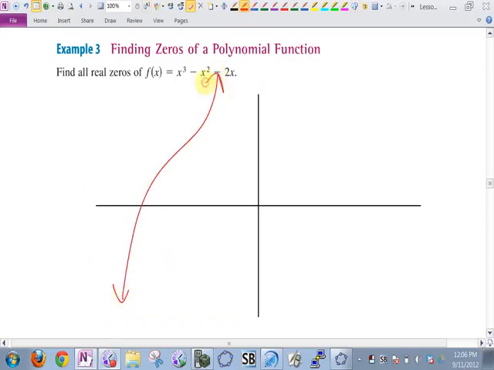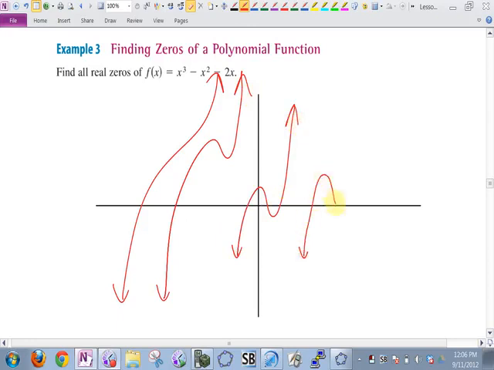Maybe it looks like this. Or maybe it looks like that, but has a hill and a dip, but doesn't matter. 1 real zero, and the other 2 are imaginary. What could all 3 real look like? Like that? Or maybe like that, where one of them is actually repeated twice?